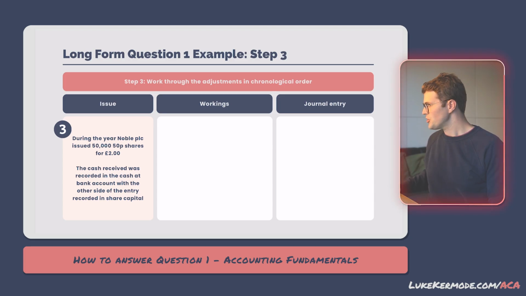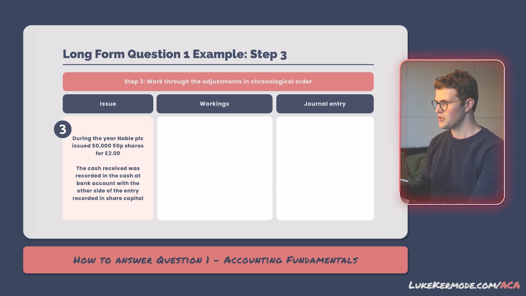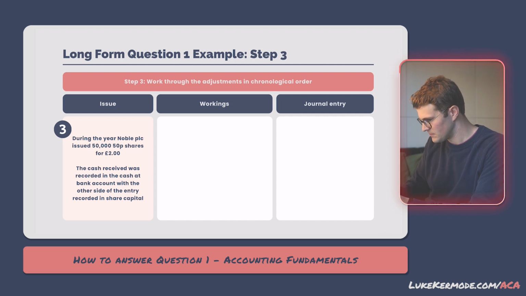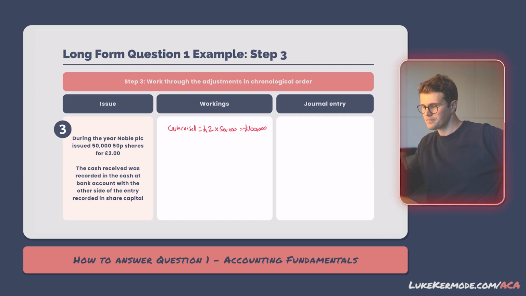Next up, we have a share issue that was recorded incorrectly. Noble plc issued 50,000 ordinary shares with a nominal value of 50p for £2 a share. This means that Noble raised £2 times 50,000 shares. They raised £100,000 worth of cash from the share issue.